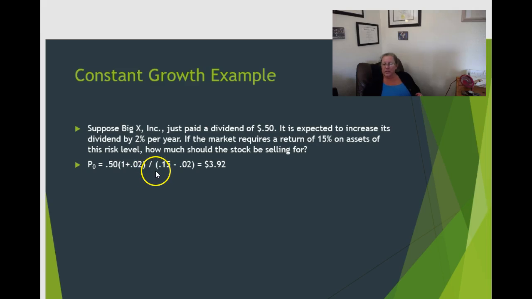And then we're going to divide that by the market required return, which is 15%, or 0.15, and we're going to subtract from that 0.02, which is the growth rate. And if you work this all out, you get a price for this stock of $3.92 per share.